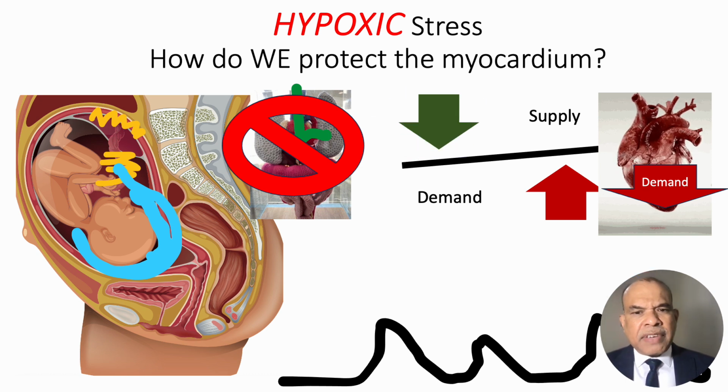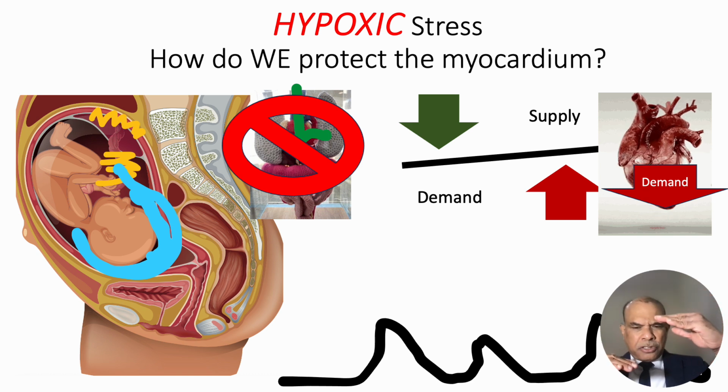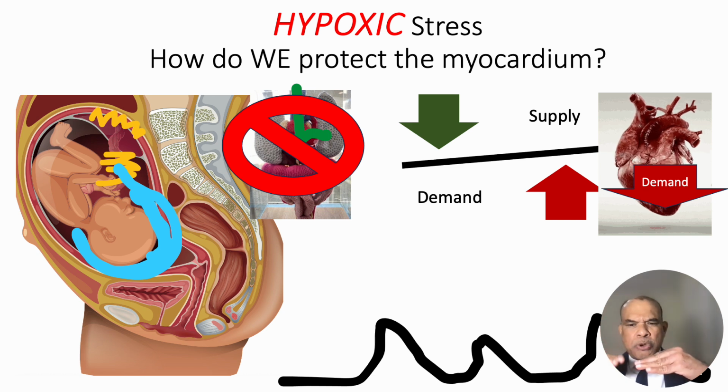One of the ways we deal with it as fetuses is, since we cannot increase the supply of oxygen, the only way we could deal with a reduced supply problem is to reduce the demand to maintain the equation.